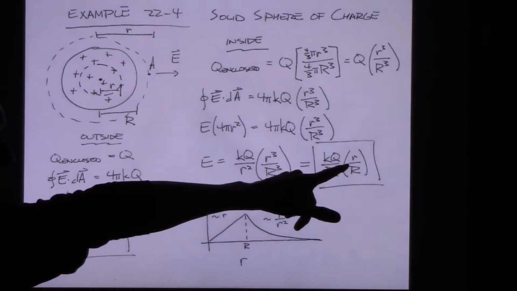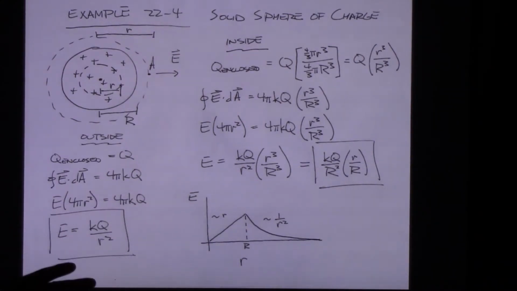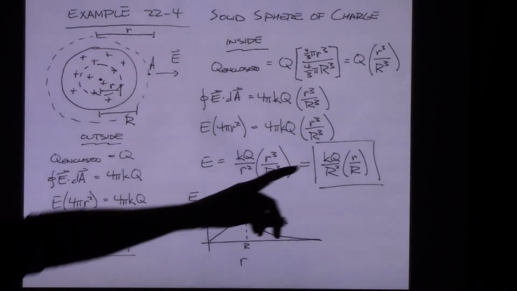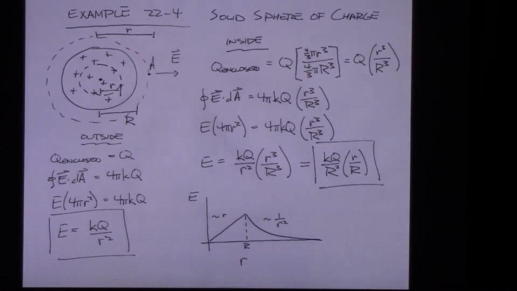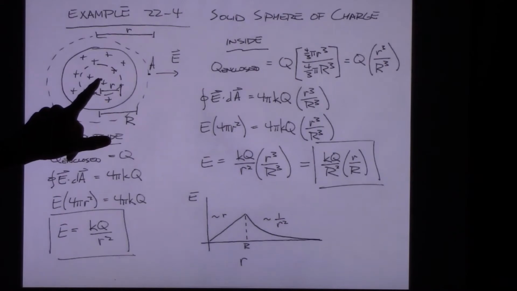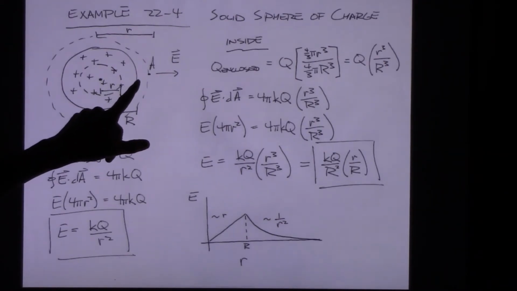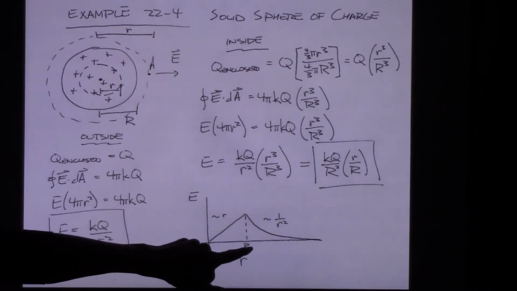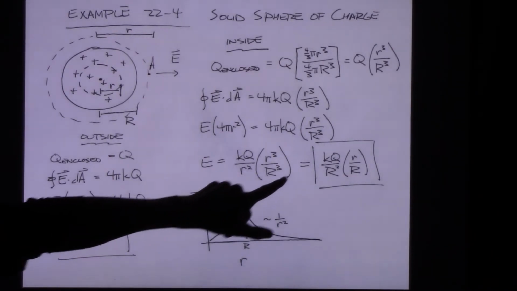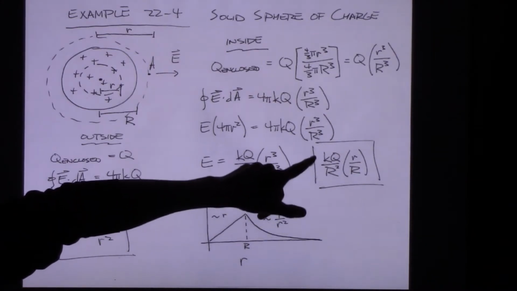So at the very center, the electric field completely cancels out. So when little r is equal to 0, I'm right at the center, and because the electric field is a vector quantity, the electric field contributions from all of the surrounding charges will exactly cancel. I'll have an electric field of 0, and then it linearly increases until I get to the edge right at the surface when little r is equal to big R. That's going to reach a value of kq over R squared.